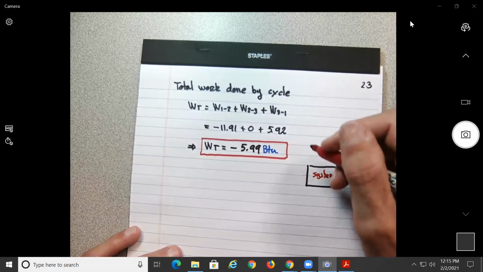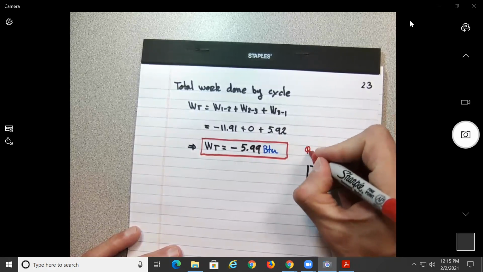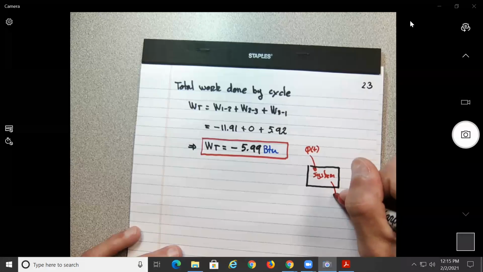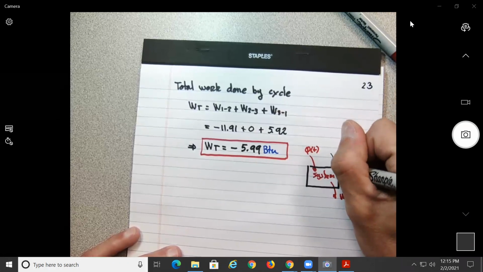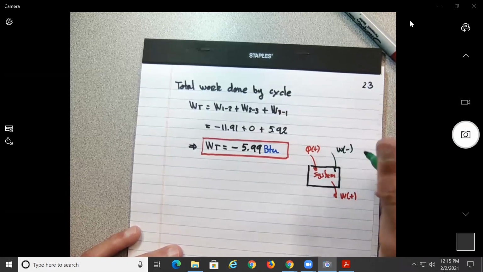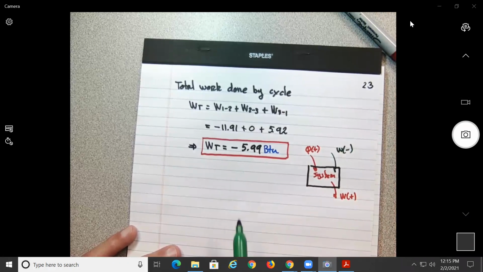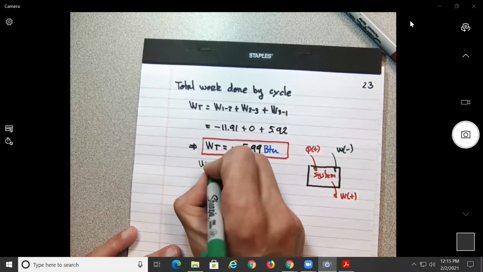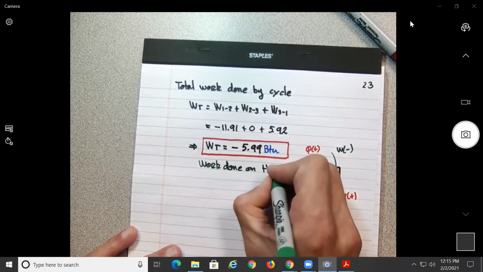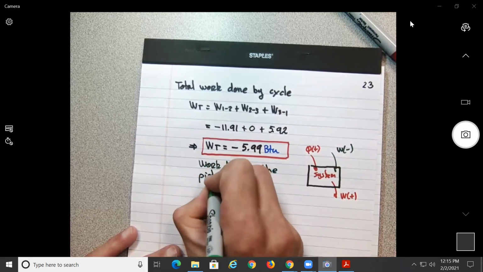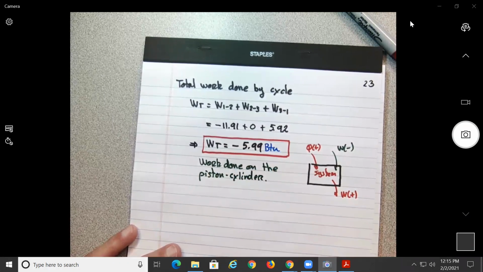On the textbook we had Q going in was positive and work going out to be positive. So if this is negative, that means that this is work done on the system, no? Yeah? So this is work done on the piston cylinder.